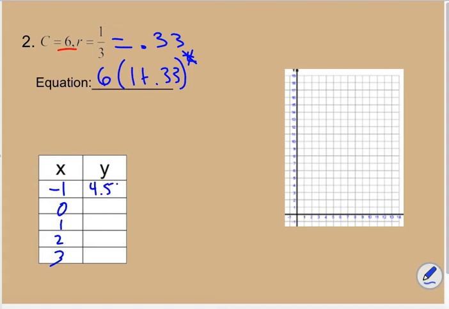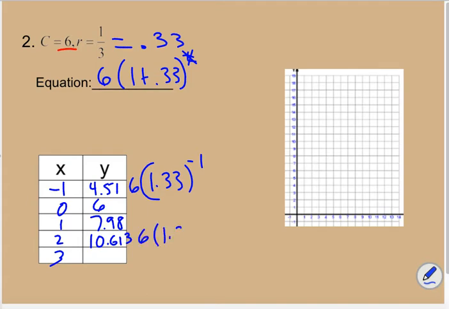So that becomes 1.33 raised to the -1 times 6, which is 4.51. 0 is just going to be 6. 1 ends up being 7.98. 2 becomes 10.613. Remember, all I'm doing is following order of operations. I take 1.33 squared, then multiply it by 6.